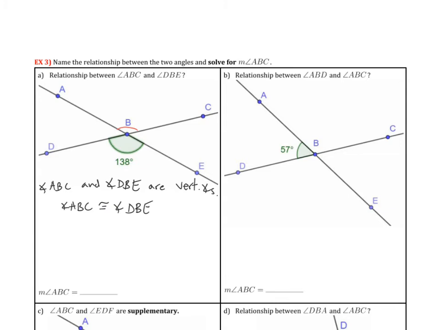So what this means is that their measures are also equal, right? Because congruent means to have the same measure as well as the same type of figure. And because the measure of angle DBE is 138 degrees, just by substituting in, this means that the measure of angle ABC must also be equal to 138 degrees.